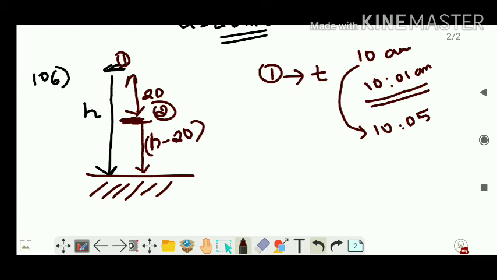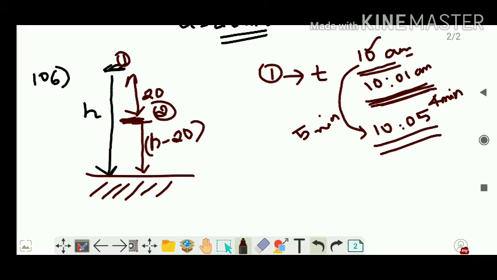So I'm taking in the minutes form because it is easy to understand with a number. So I hope you understood. So it reached at the time 10:05, means if the first ball took only how much minutes? 5 minutes. Whereas the second ball took how many minutes? 4 minutes, right? So 1 minute less.